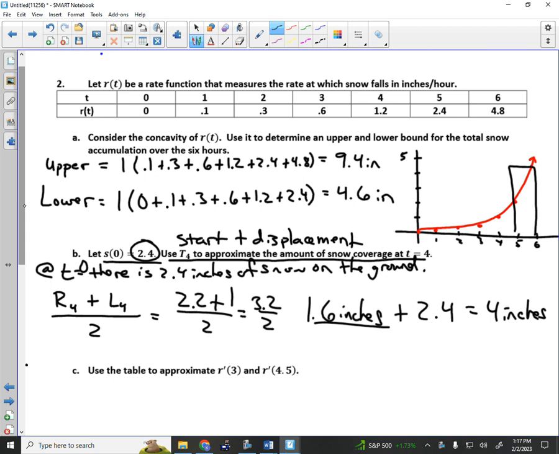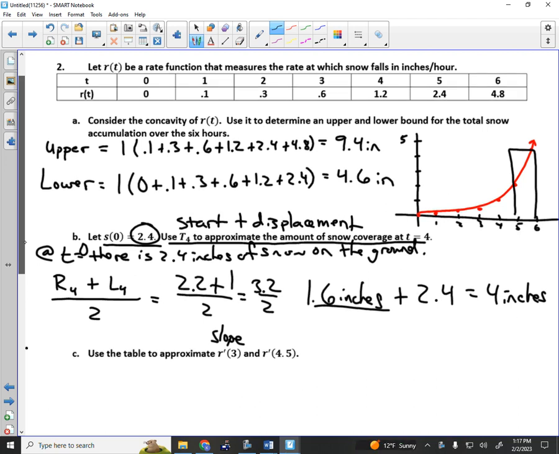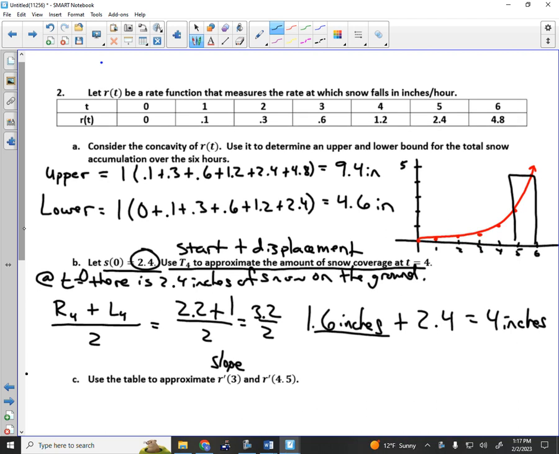No. So when it says approximate, what that means is we are going to find the slope. I want to find R prime of 3, so that's going to be the slope at 3.